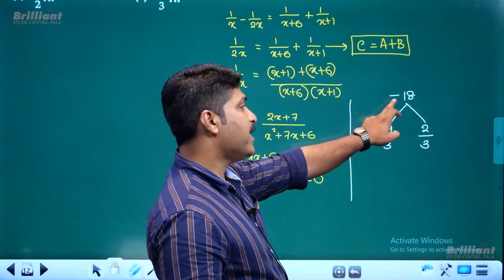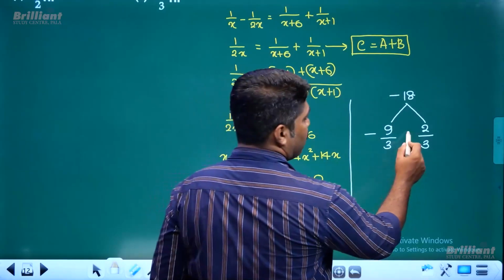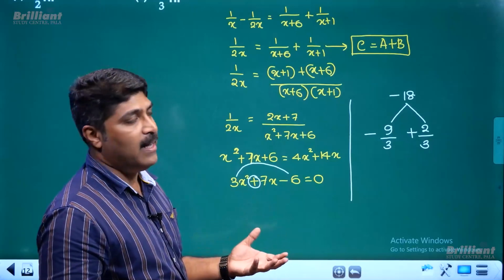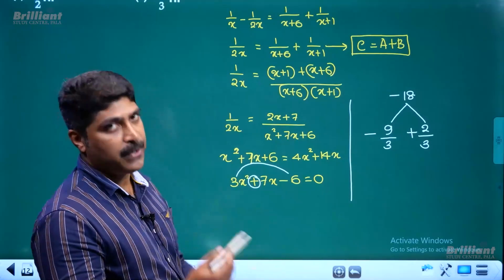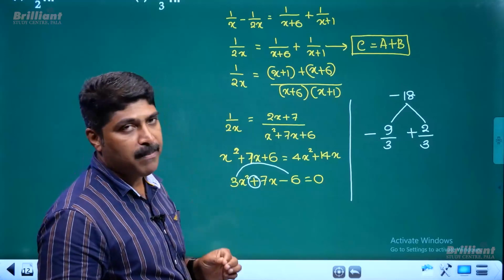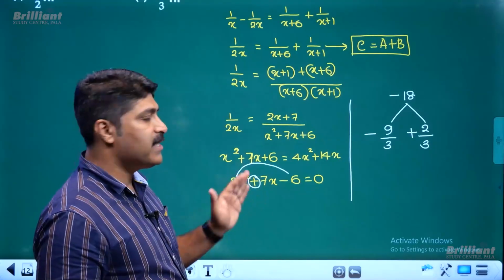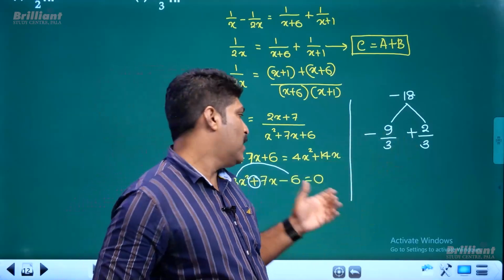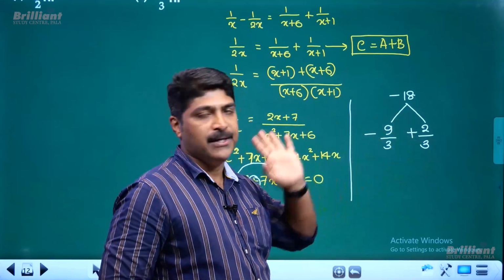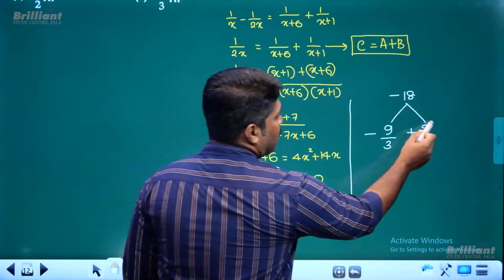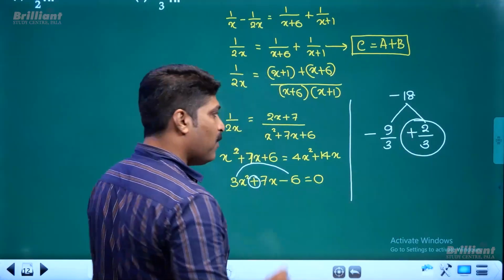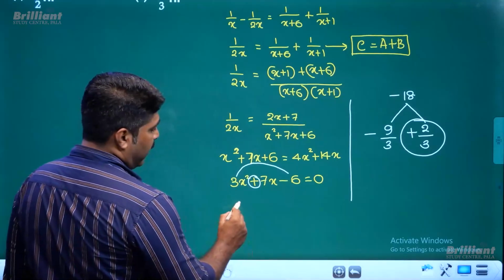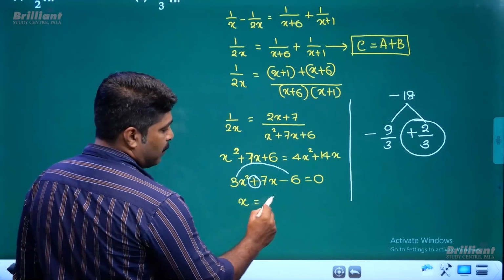As the product is negative, if one value is negative, the other one is positive. This is one method I explained here to find the roots quickly. If you didn't get it properly, you just apply the normal factorization method for finding the roots. Here we got the roots are minus 9 by 3 and 2 by 3. You have to take the positive root here.